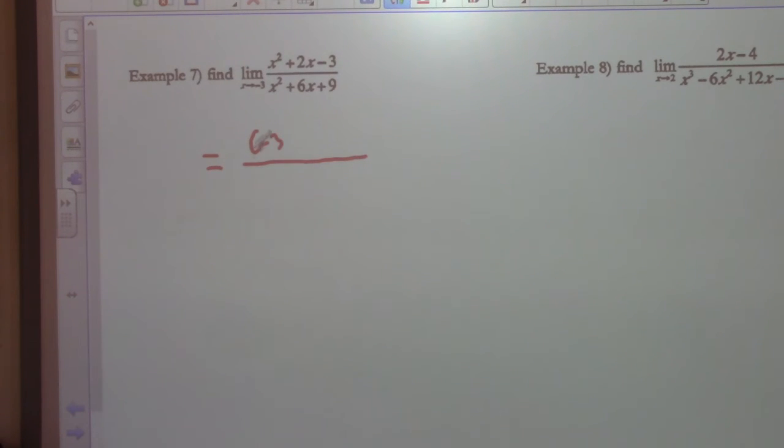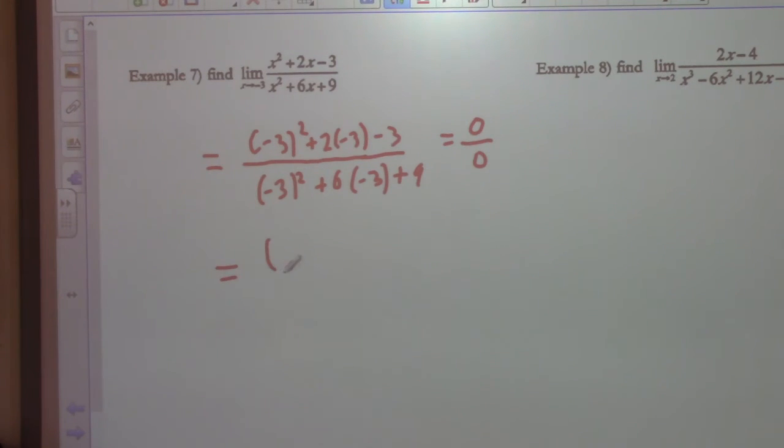So -3 squared plus 2 times -3 minus 3, and then we have -3 squared plus 6 times -3 plus 9. To me that looks like 9 minus 9 minus 3, so that's 0, isn't it? And on the bottom we have 9 minus 18 plus 9, that's 0, isn't it?